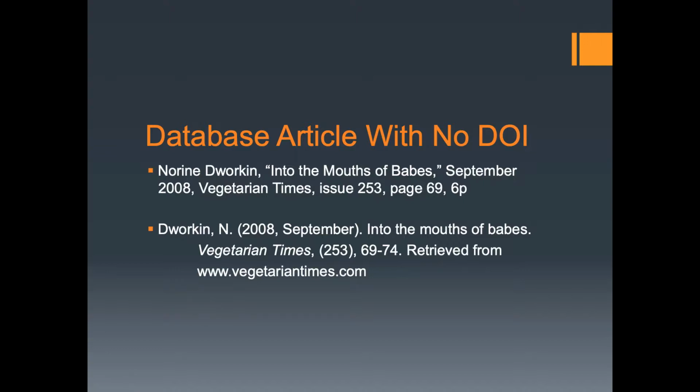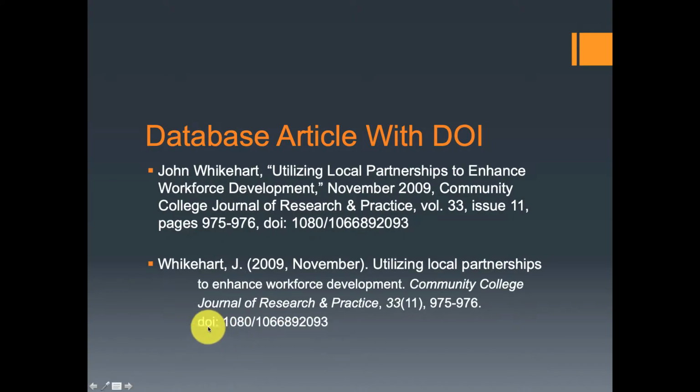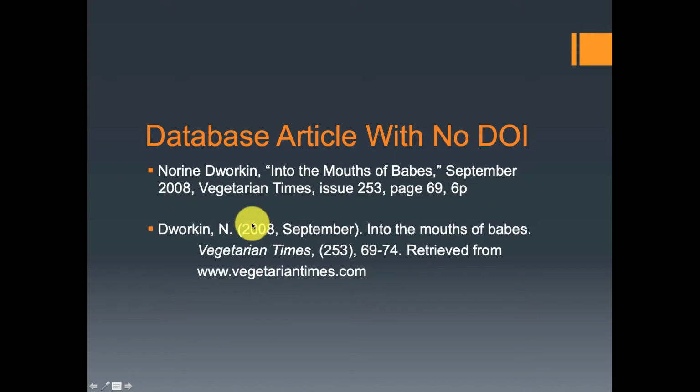If there's no DOI, then you need to use some kind of retrieval information. So with a DOI, you simply write DOI. And if I can go back to the previous one, you write DOI like this. However, if you don't have a DOI, you must write retrieved from, and then you write the URL.